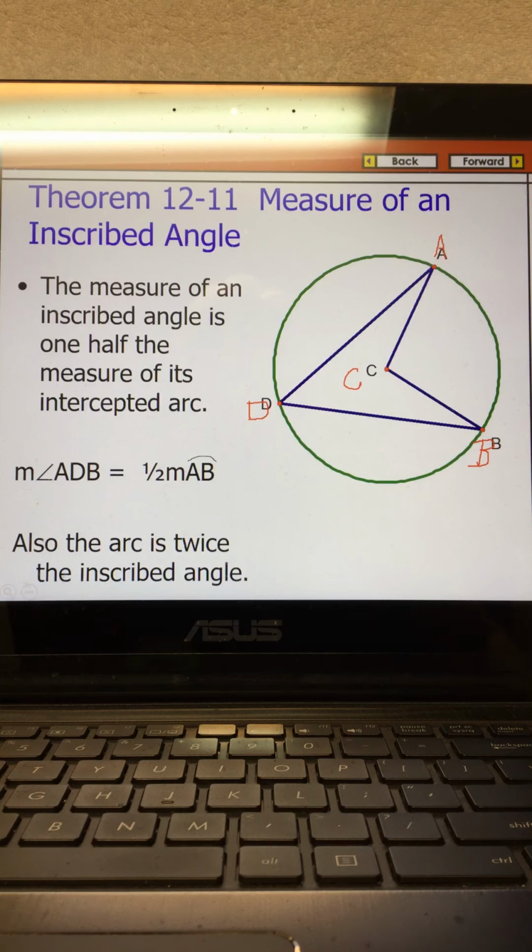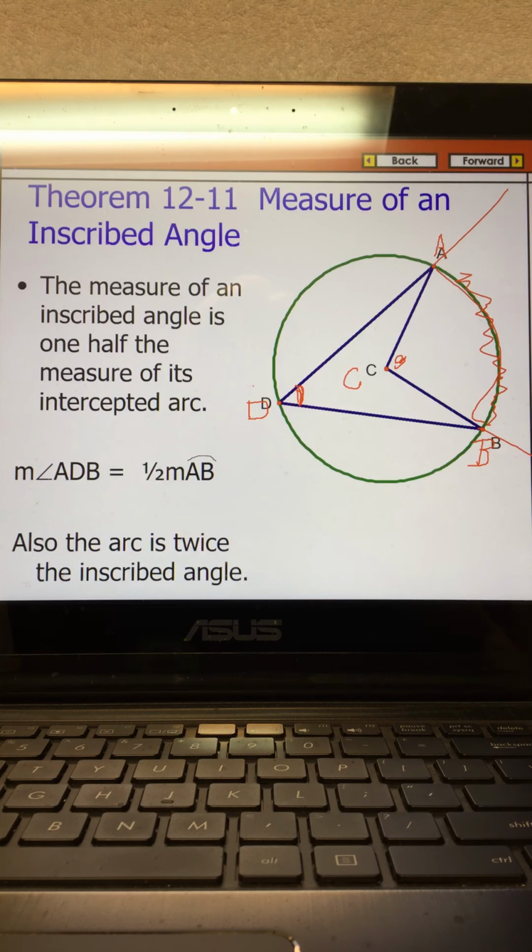Now, the other day we were talking about central angles. Central angles and the intercepted arc were the same. But now back here is where we're talking about the inscribed angle. If you think about extending these sides, you would see this intercepted arc along here.